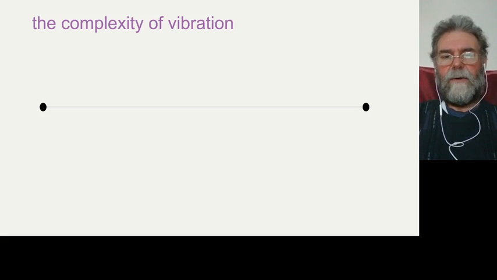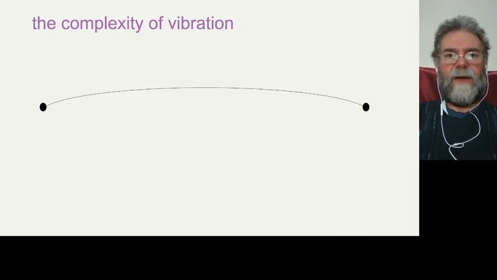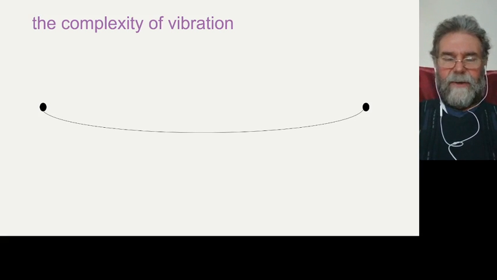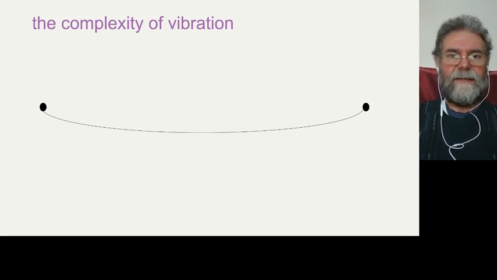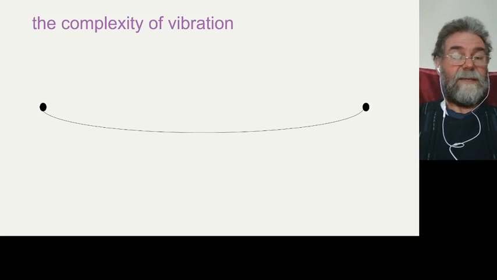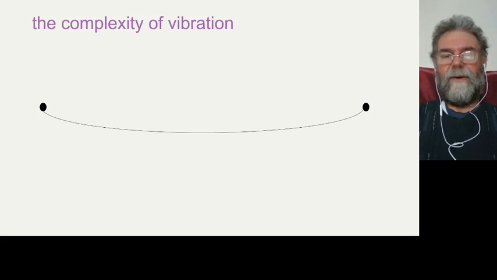Okay, and what will happen is it will vibrate along its length, backwards and forwards. Now the vibration of the string causes air molecules around it to vibrate, which causes air molecules around those to vibrate, and basically sound is produced by vibrating the air molecules, which then reach your ears and you hear them as a sound. Okay, so that's what's going on.